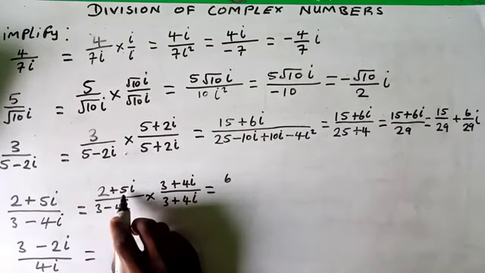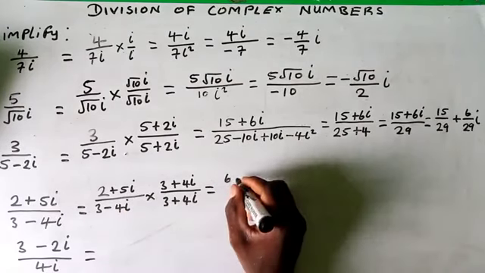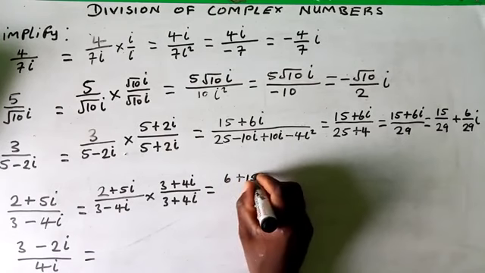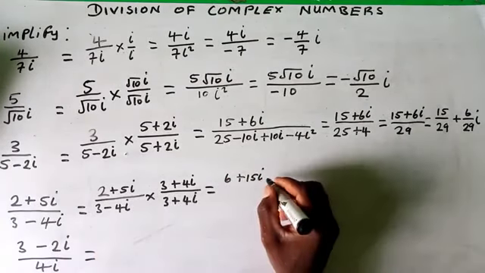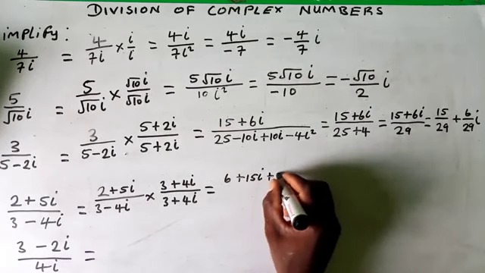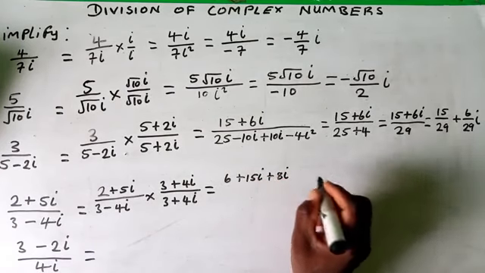So this is equal to 3 times 2 is 6, 3 times 5i is plus 15i, 4i times 2 is equal to plus 8i.